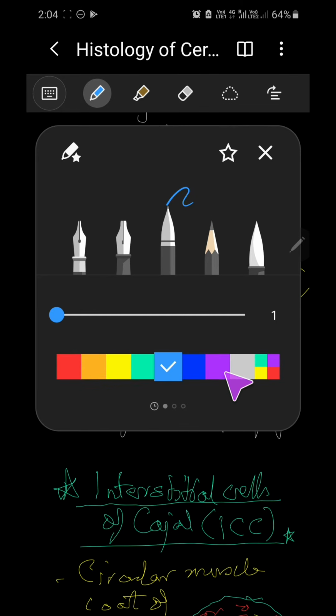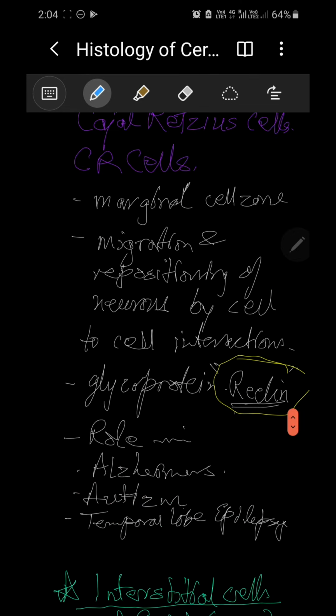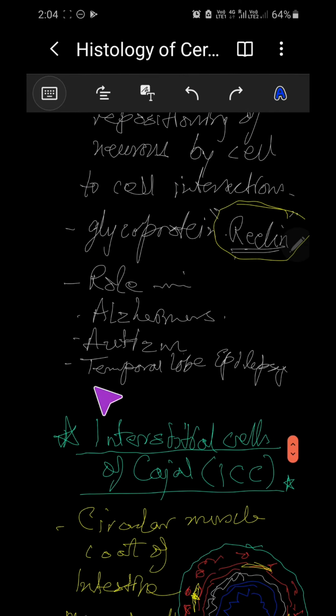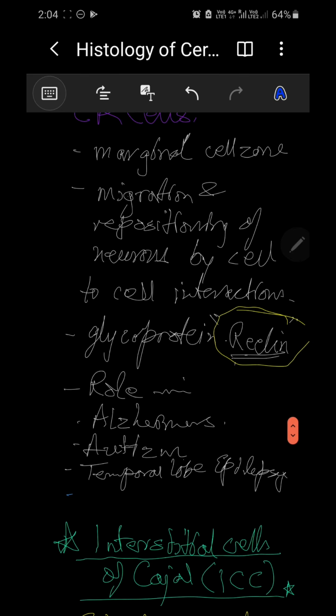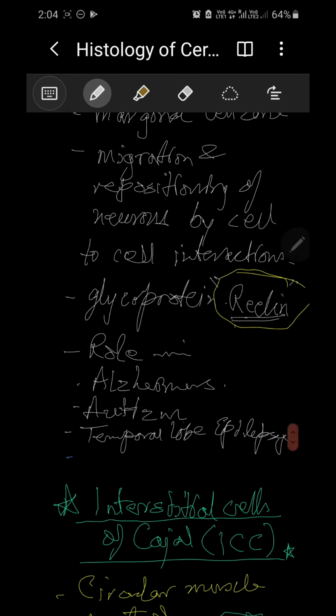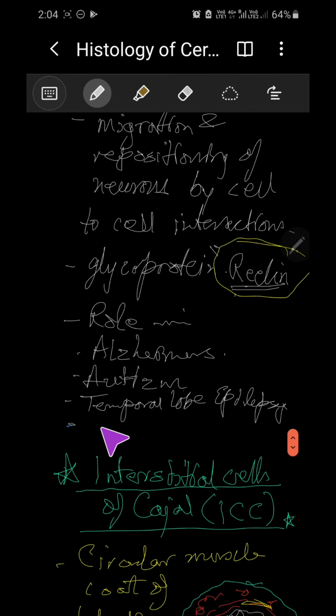One important thing that was left out here is the neurotransmitter secreted here, you should write it. I should use the same pen so you can remember.